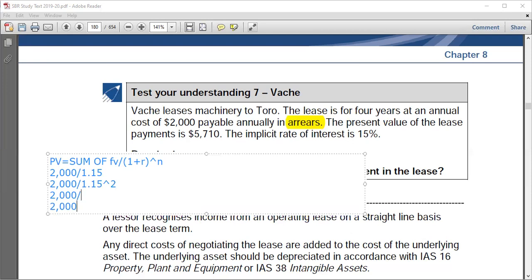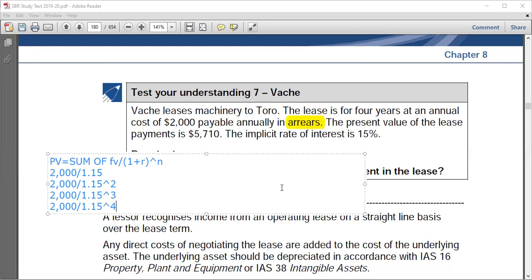Then here over 1.15 raised to the power of 3, and lastly over 1.15 raised to the power of 4. I'm just doing this to show that in case this figure was not given, this is what we would have done to arrive at the figure. So we would have to add all these values. I presume that you have a calculator, and sometimes you need to try it out by yourself, right?